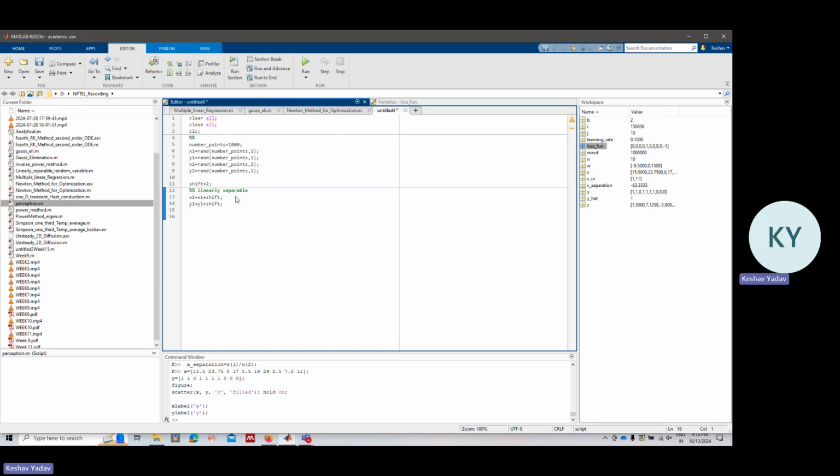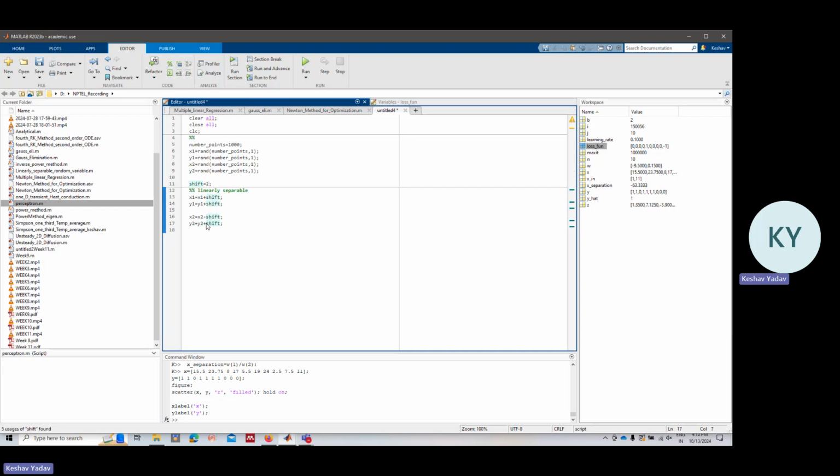Now my x1 and x2. So x2, suppose 2. Now I do not add shift, I subtract shift.